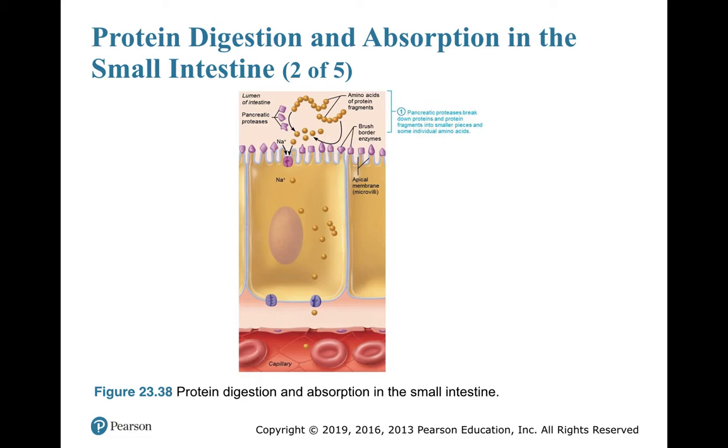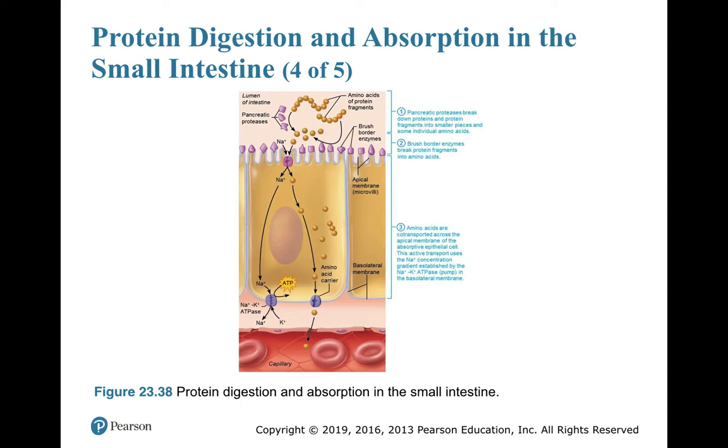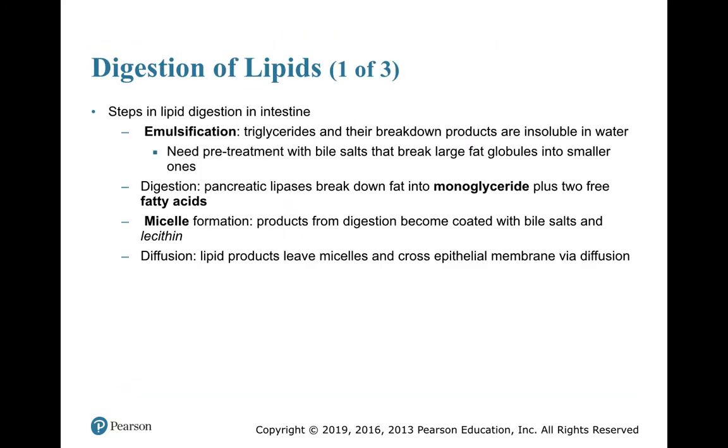Acid in the stomach itself will break them down. Brush border enzymes will further break them down, transport them from the apical surface to the basolateral surface, in which case they will be facilitatively diffused through and picked up by the blood, transported again to the liver first through the hepatic portal circulation.